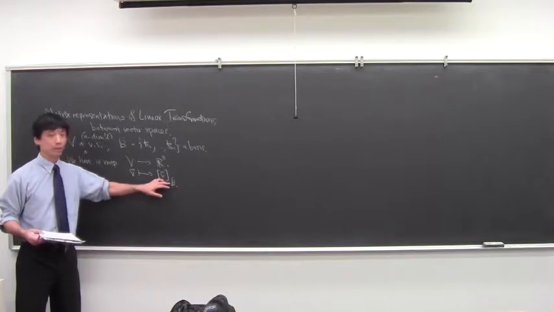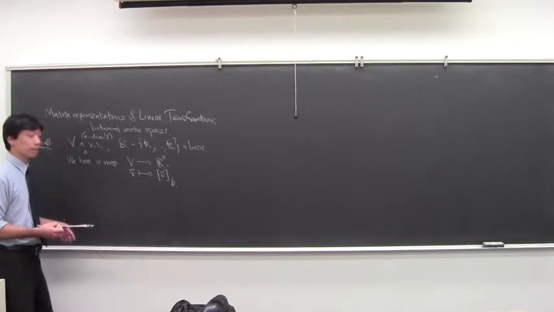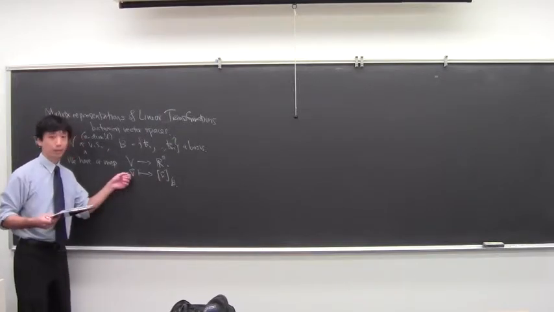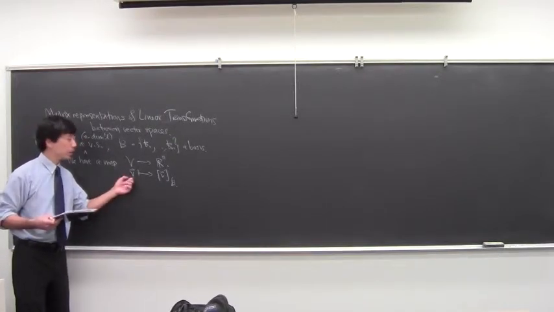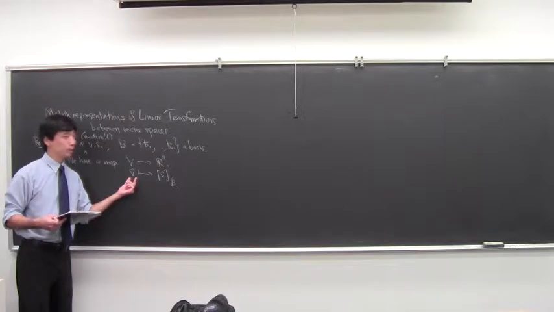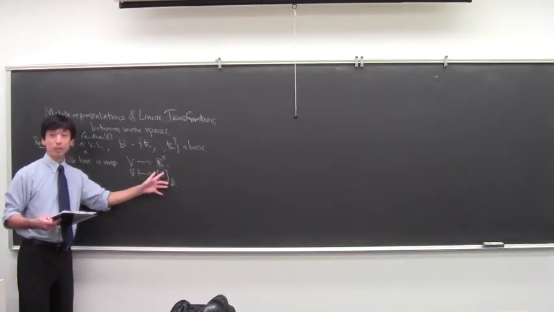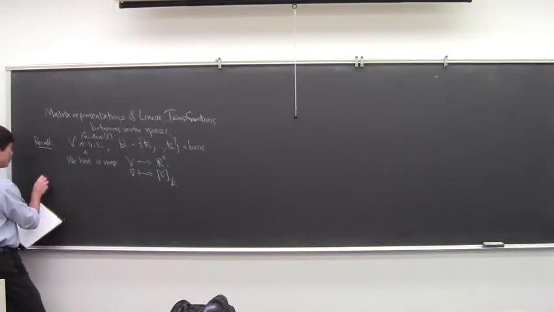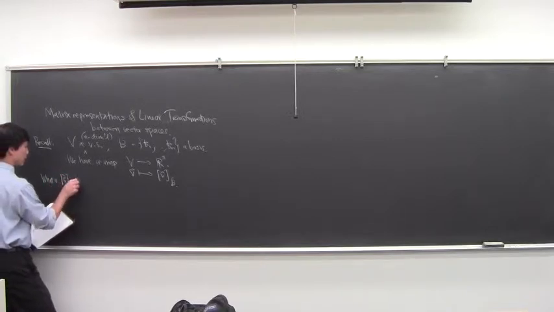So I hope you all remember how this goes. You start off with a vector, and then you look at the unique linear combination of the b_i's that gives you that v, and you take the coefficients, and those coefficients make the coordinate vector. What is the coordinate vector with respect to B?